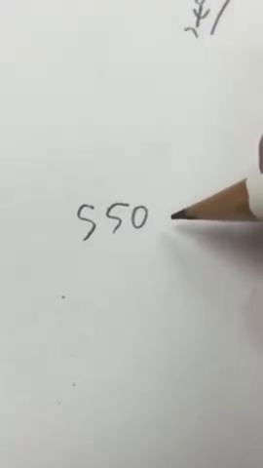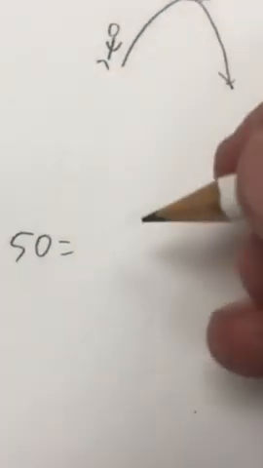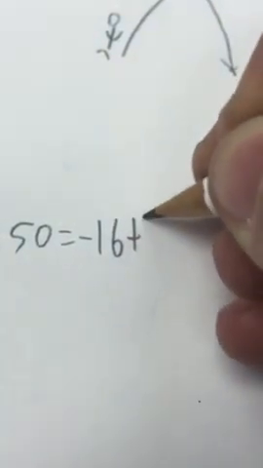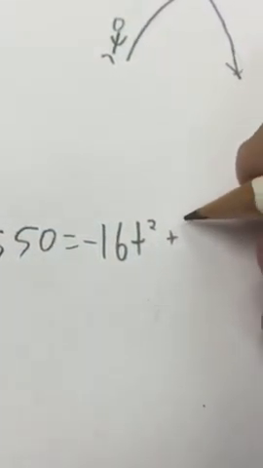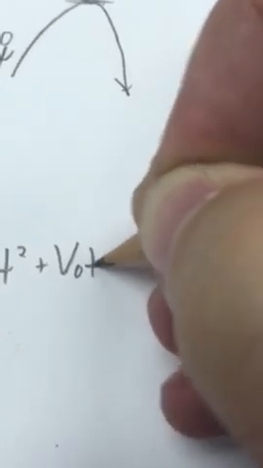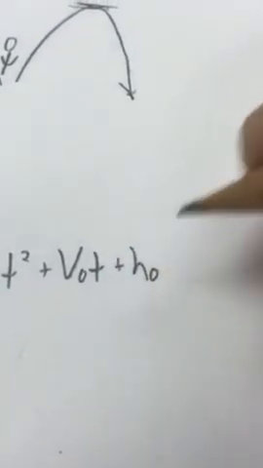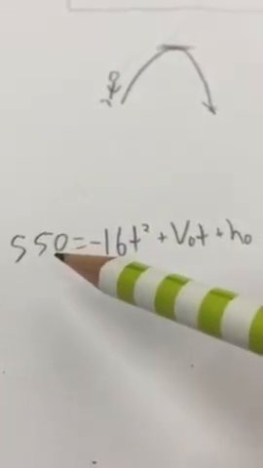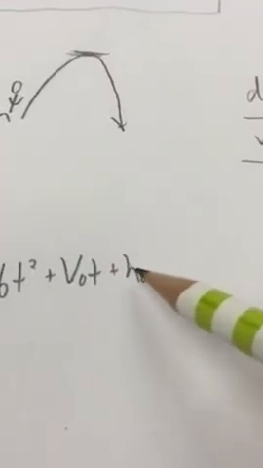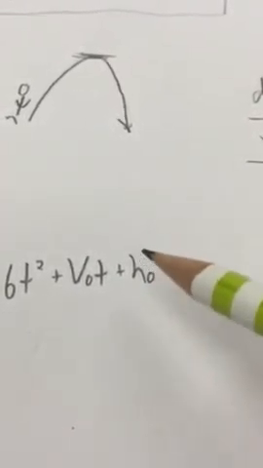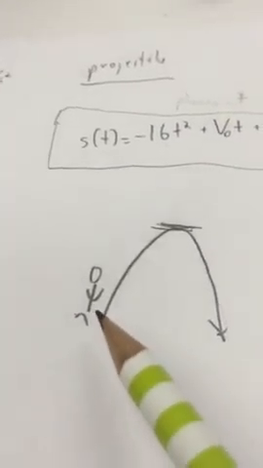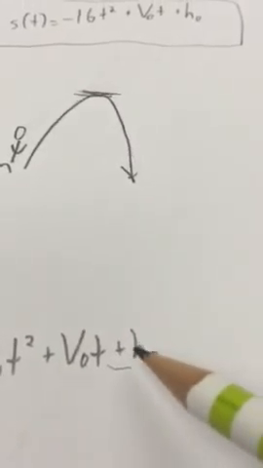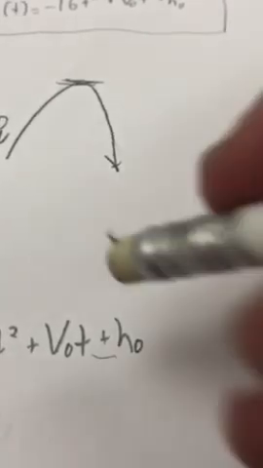550 meters, I should say, not feet, is equal to negative 16t squared plus v sub 0 t plus h sub 0. So we know that we want this formula to get to 550. We also know that our starting point is on the ground, so h sub 0 we can already assume is 0.